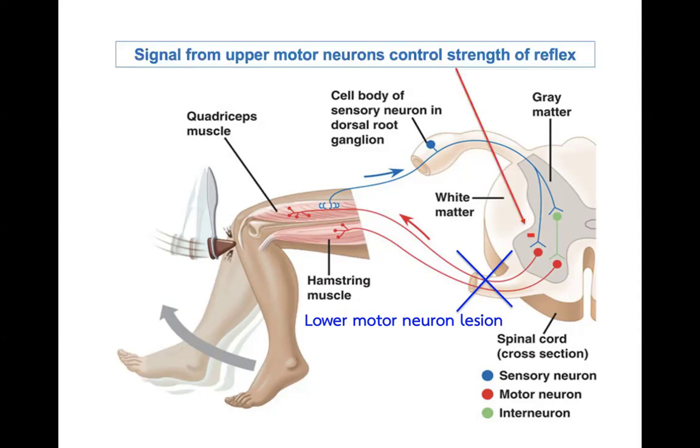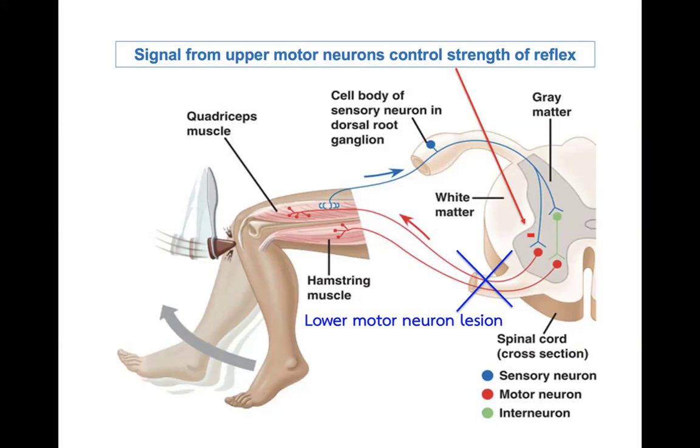Now, another thing actually influences the strength of the reflex. I emphasize the word strength of the reflex. So you also have signals from upper motor neurons. And anyone remember where upper motor neurons come from? From the brain, right?